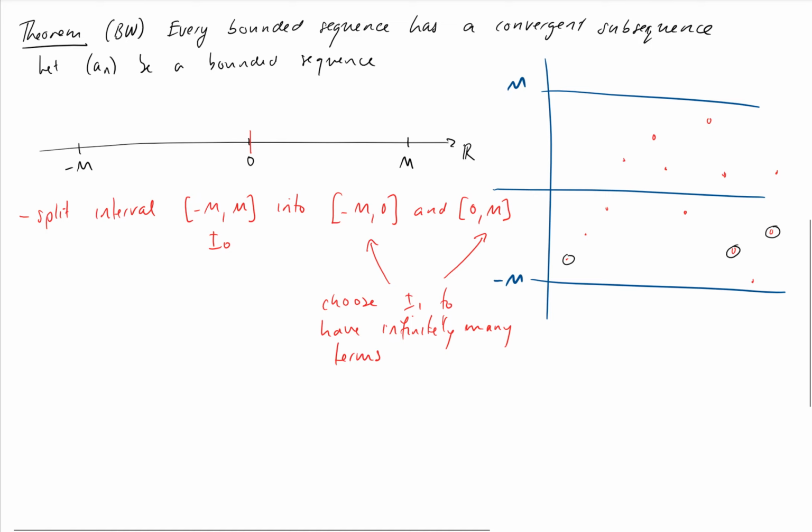Alright, so let's say for sake of argument that we got this half here. This will be our interval I1. Let's make I0 a different color on our picture. Maybe here is I0. And then we're going to choose I2 in the same way. So maybe this one here is I2 and I3.